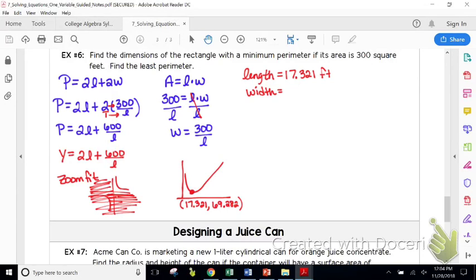We know width is equal to 300 divided by L. So we have 300 divided by 17.321 approximately, which is 17.32.